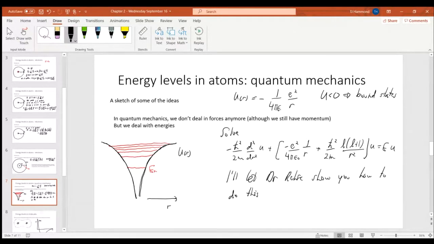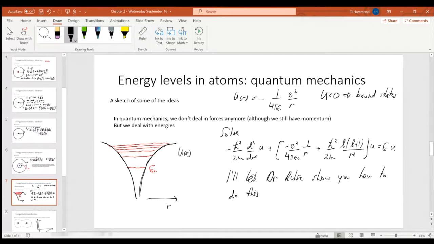But then you have this second term, h bar squared over 2m, l times l plus 1 over r squared, and that happens to be the centrifugal potential that, if you remember from second year mechanics, is part of the effective potential. The l times l plus 1 is the quantized angular momentum, the actual proper quantized angular momentum that is not dependent on what Bohr had postulated. And you have to solve this differential equation, and it turns out this differential equation only has certain values, and it's quantized.